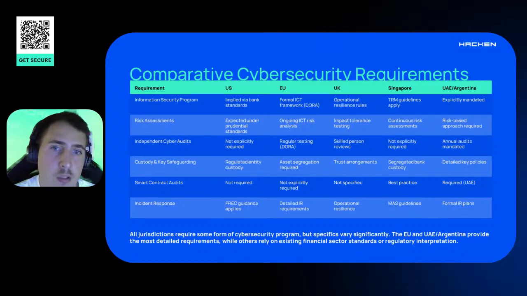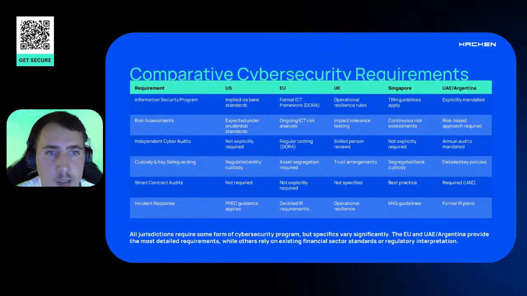Independent cybersecurity audits: in the US Genius Act, we haven't got explicit requirements regarding this. We have something like the risk assessment and cybersecurity assessment, and it must be independent. But let's see regarding the elaboration under the definition of this, because right now it's very high level and not clear.